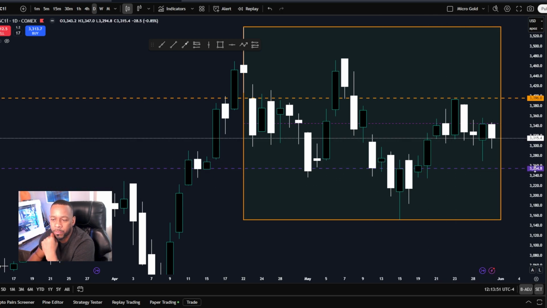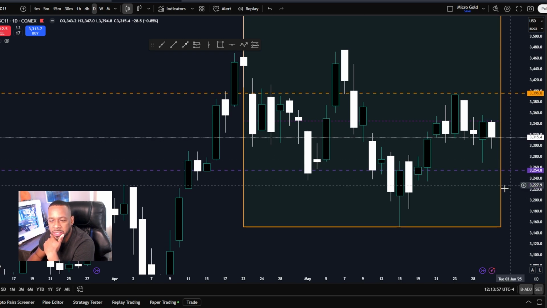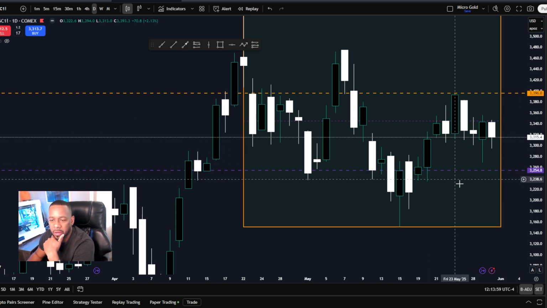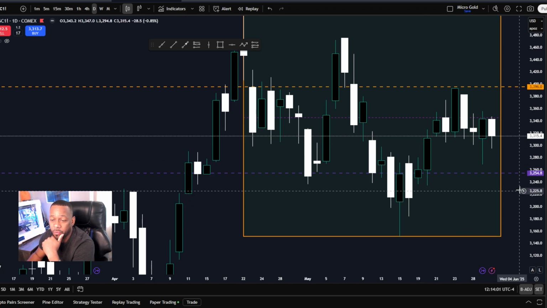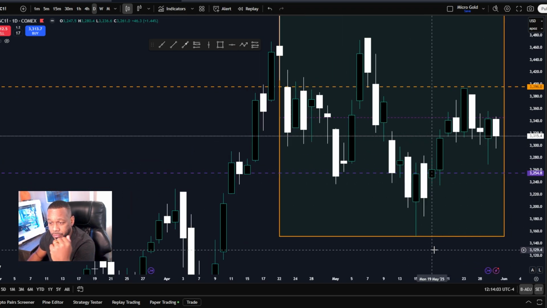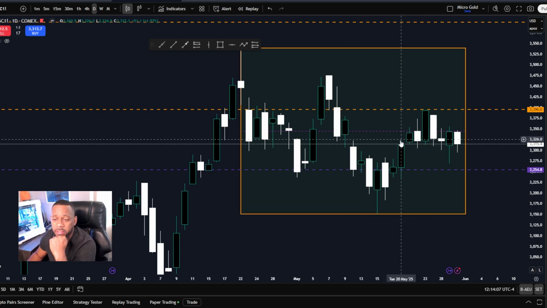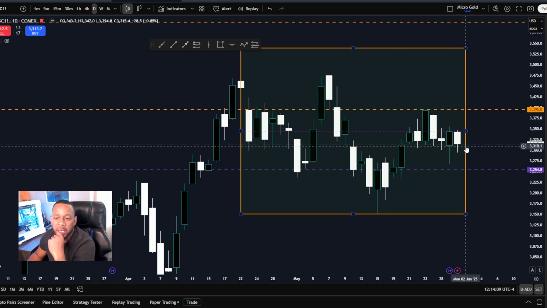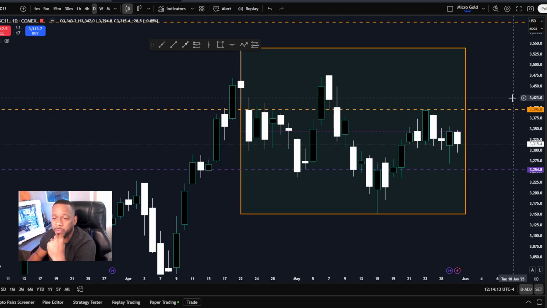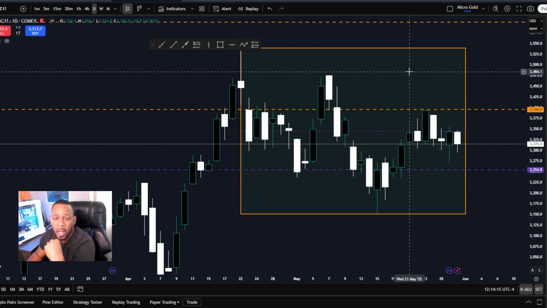I would just like to see price drop right down in here to this 32.54, 55-ish range, closer to here to get a buy. If you already have a position, excellent. I would like to see that again. First day of the month, perfectly normal for price to draw down first before taking off.